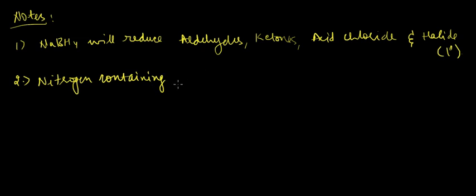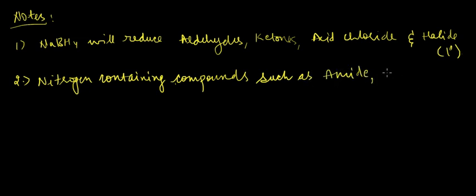So nitrogen containing compounds such as amide, cyanide, isocyanate, NO2 will convert into amine.